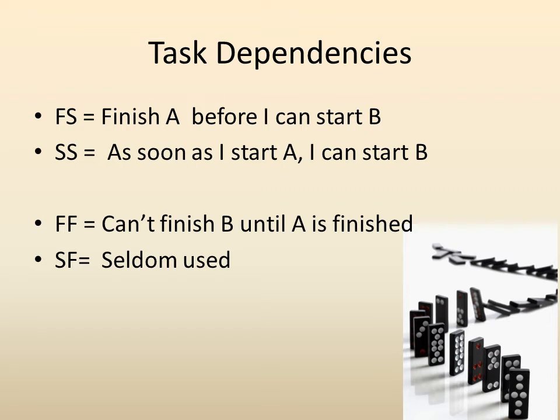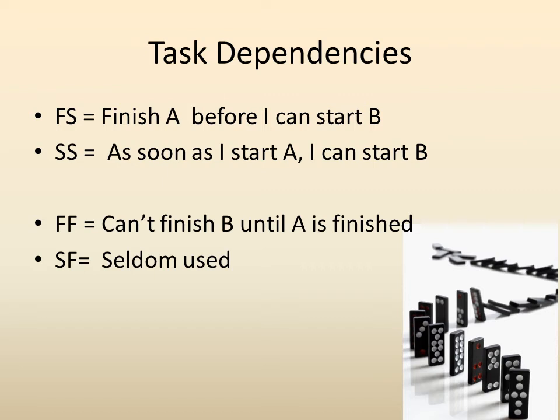Another piece that we have are task dependencies. It doesn't matter how long something will take if we can't start it until we've finished something else. And the majority of dependencies that make a big difference in project management are when we have to finish A before we can start B. I have to finish tying my shoes before I can start walking.